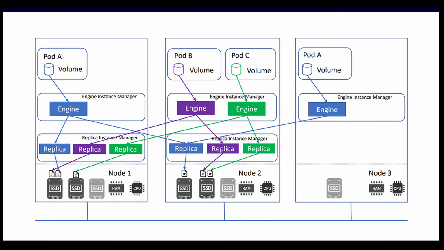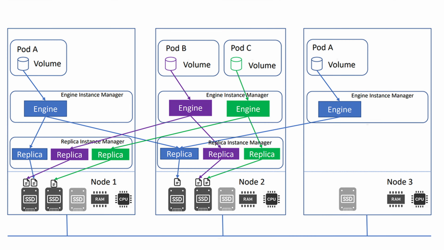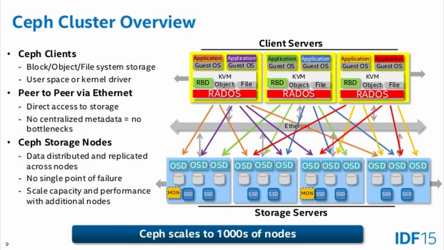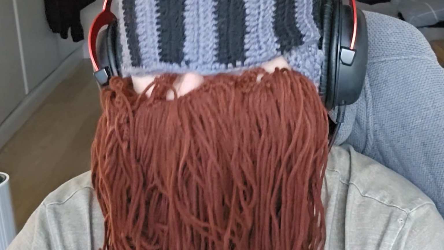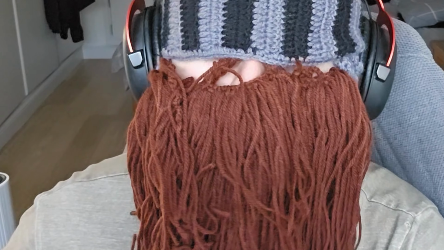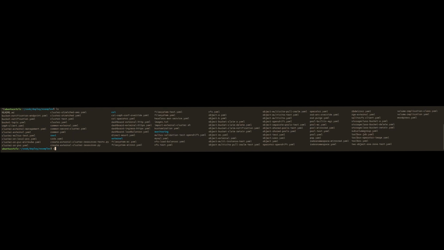Longhorn is lean and does Kubernetes block storage brilliantly, while Ceph on the other hand is heavyweight: block and file system and object storage all running within a single cluster. Same tech, but this is actual enterprise software. The trade-off is being a genuine pain to run, which you've watched, you masochists, but through the use of Rook, you can see it's not too bad. It's just, if you want to make something custom, it's a bit of a pain.